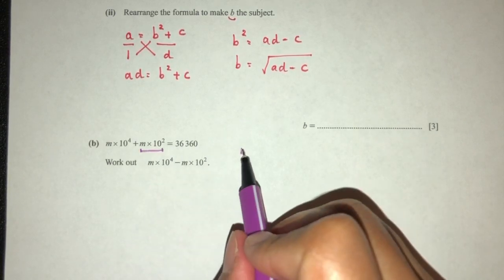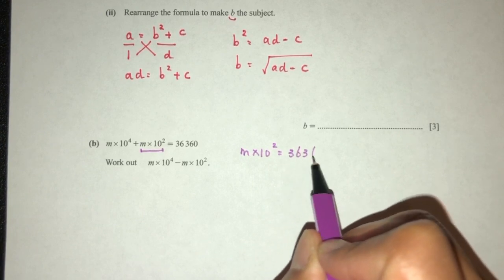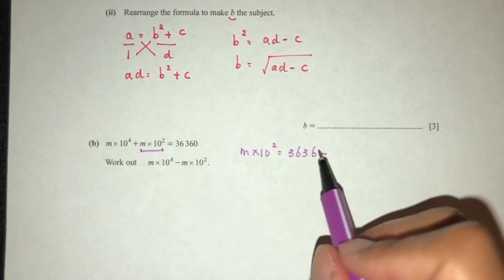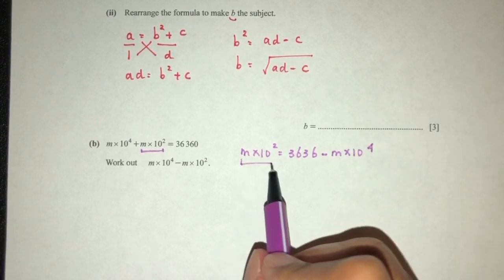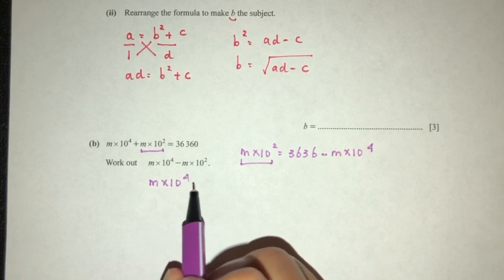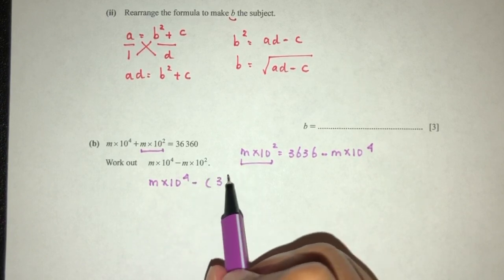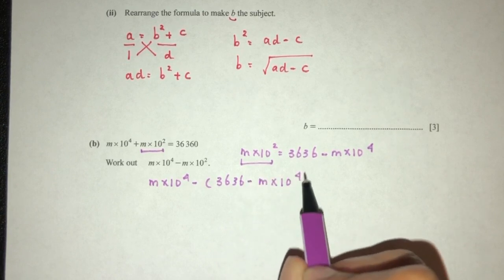You will have m times this, that will be 3636 minus m times this. Right, so replace this by this. You will have m times 10 power 4 minus this is equal to 3636 minus m times 10 power 4.